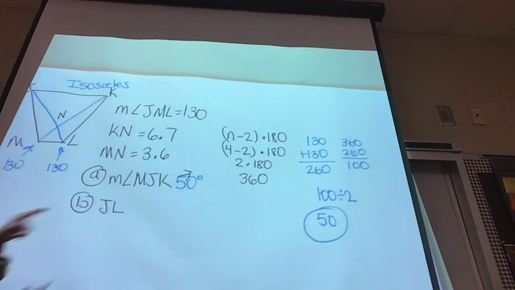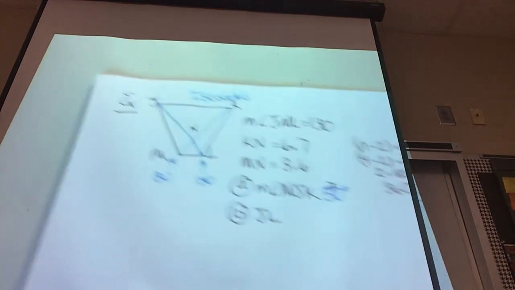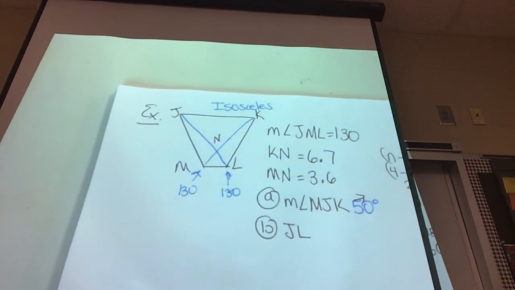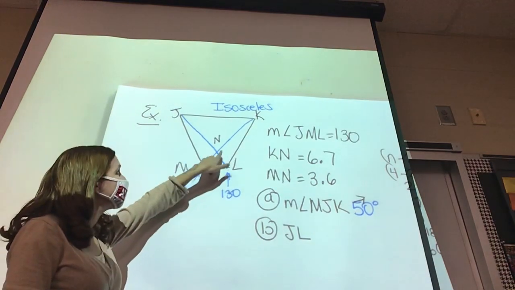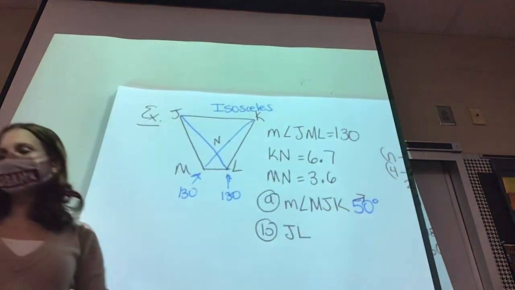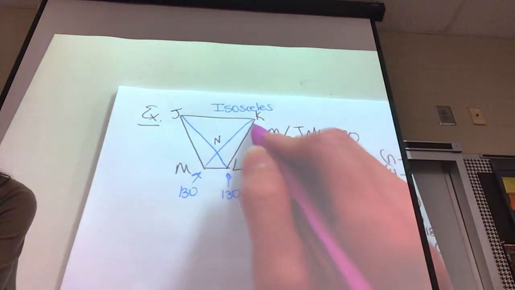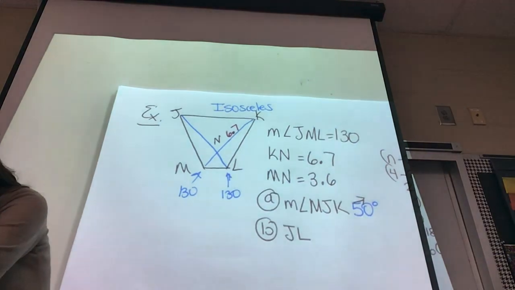Now, JL. What I do know now is that KN, that's this piece, is 6.7. So I know from here to here, this is 6.7.